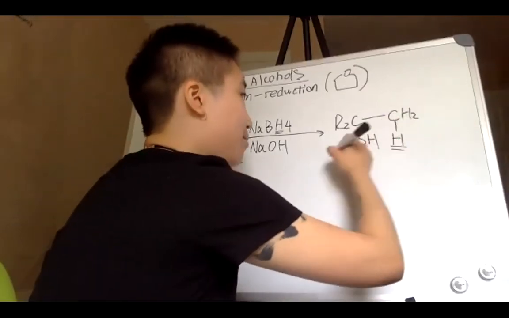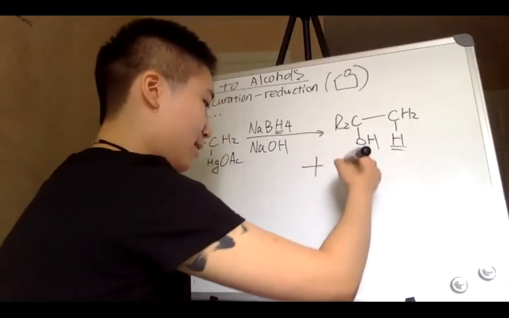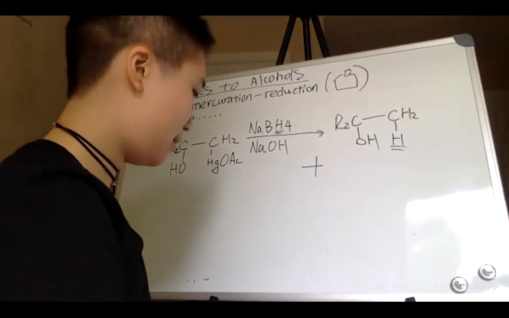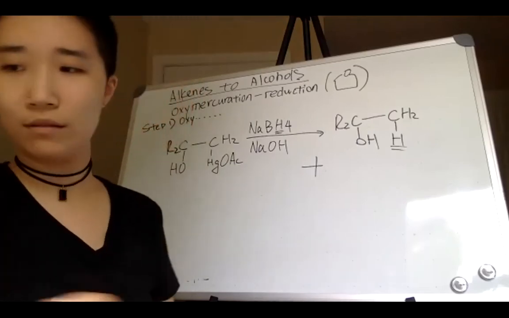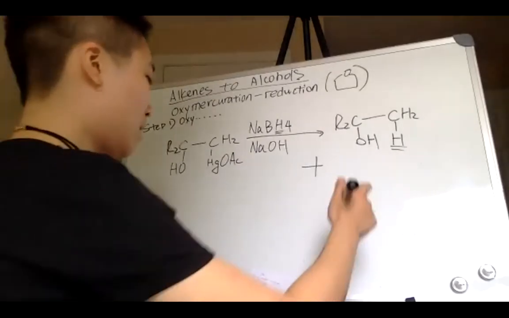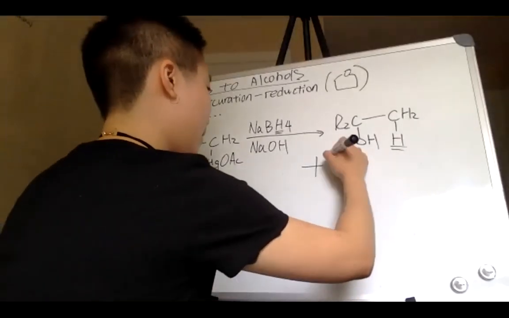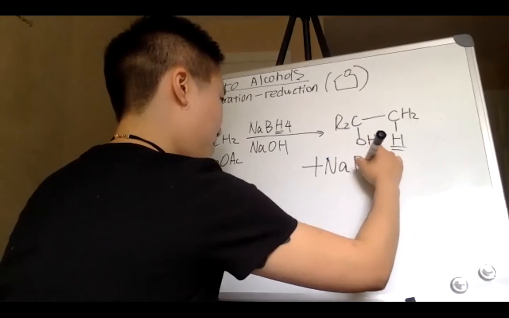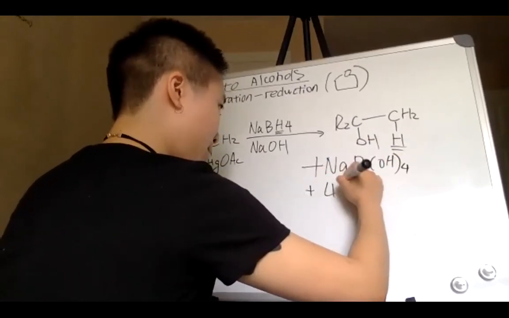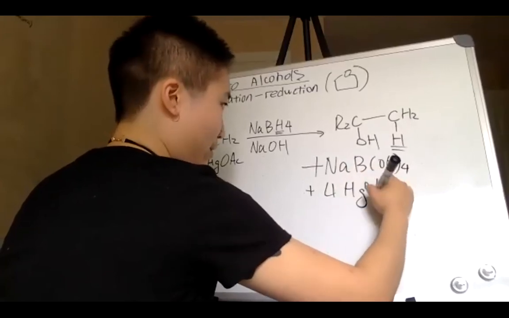And we have our side products. Let's not forget. What are our side products? We have sodium BOH4. We have mercury precipitating out.